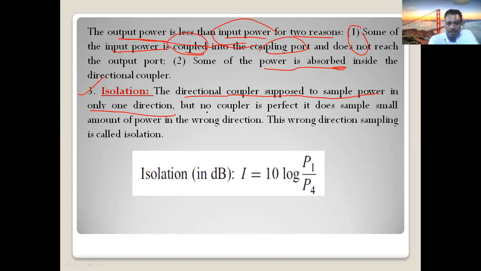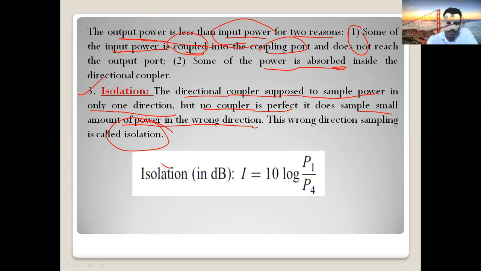But no coupler is perfect. We cannot design a 100% perfect device. So what will happen? A small amount of power goes in the wrong direction. This amount of power going in the wrong direction, we call it isolation. Let's see this by example.